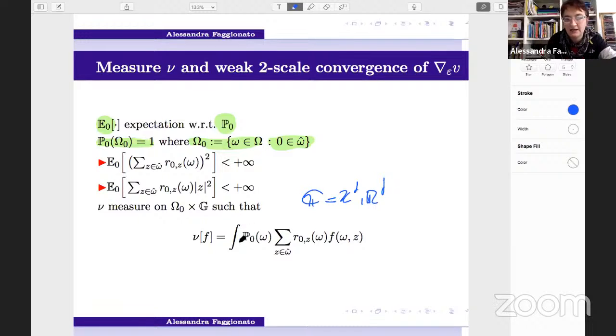It is the integral with respect to the Palm distribution in omega, and then you sum over all other points x in the state space omega hat the probability rate for a jump from 0 to x, which is R_0x of omega, times the function f of omega and z. So here you have the environment, here you have the jump, essentially.